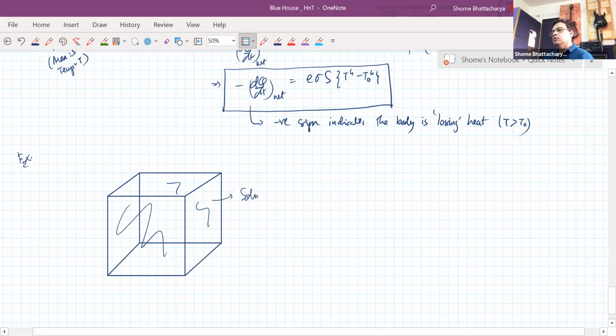So this is a solid metallic cube of dimension L by L by L, where the side length is 2 meters. Its surface has a temperature of 127 degrees C at the given instant.